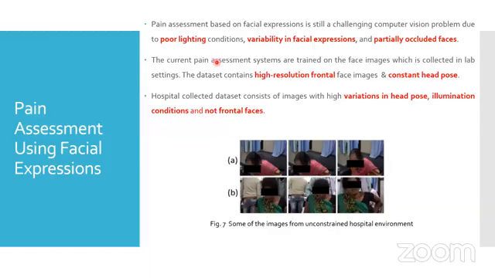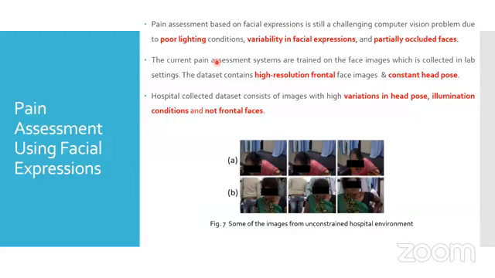Let me give an example. There is a heat pad. In the lab environment, how we create that pain is we have a heat pad, and we ask the normal volunteer to put his fingers or his hand on the heat pad.